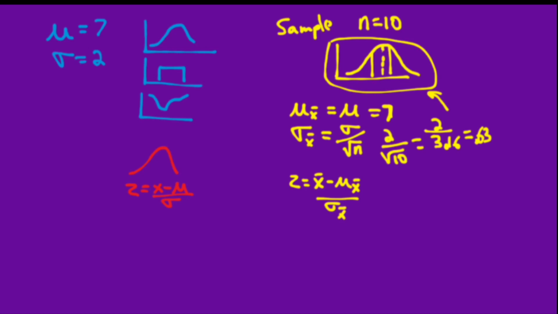So again, if we are interested in the probability of falling between, let's call this, maybe we're interested in 5 to 8. So what's the chance that a sample drawn falls somewhere between 5 and 8? What we're really interested in is what percent chance or what likelihood it is to fall in between there.